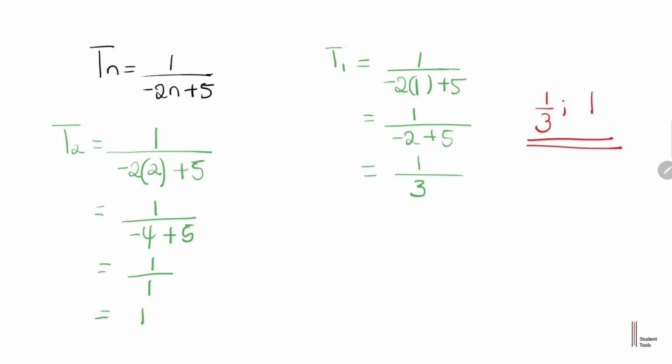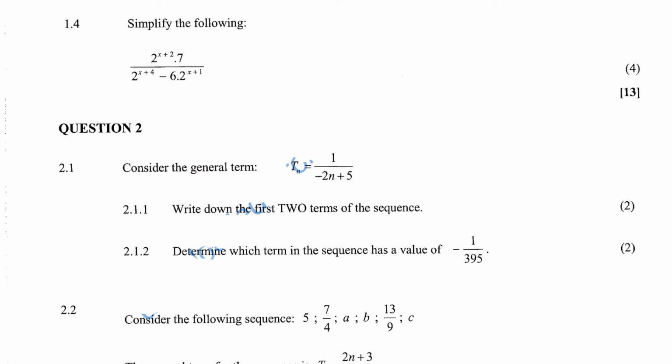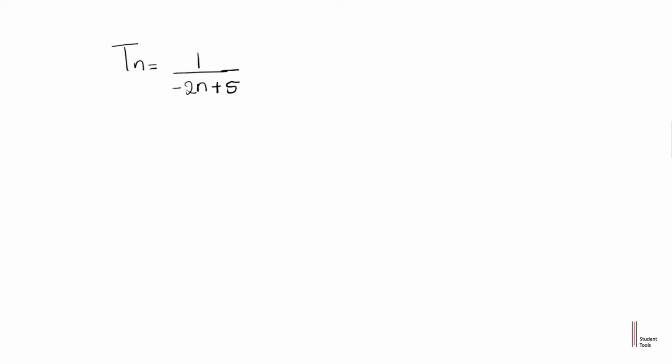Up next, we have 2.1.2. All right, 2.1.2 says determine which term in the sequence has the value of minus 1 over 395. So with this general term that we have, let us use it to find which term of the sequence has a value of minus 1 over 395.